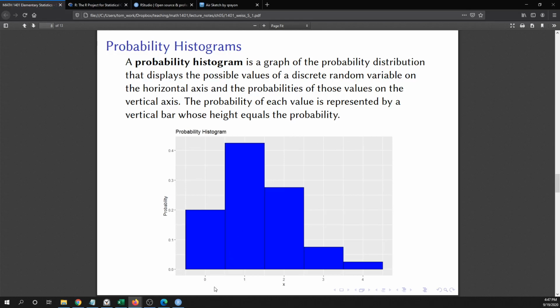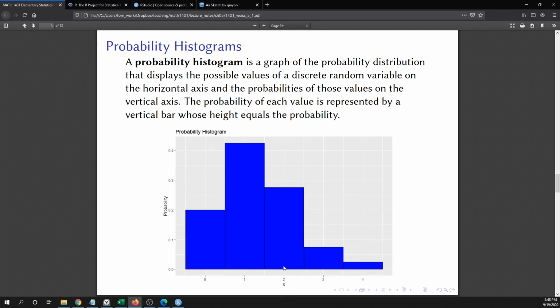So it's going to display the possible values of the discrete random variable on the horizontal axis down here, 0, 1, 2, 3, 4. And then the probability of each value is going to be represented by a vertical bar here, right? So the probability of 0 would be 0.2. The probability of a 1 would be, I think maybe it's 0.45.